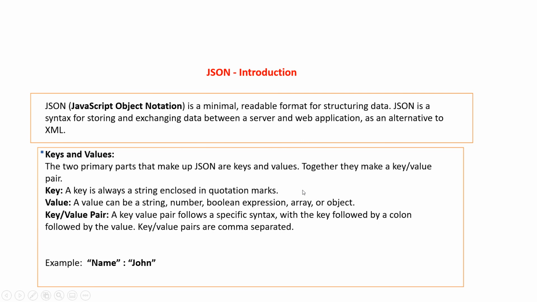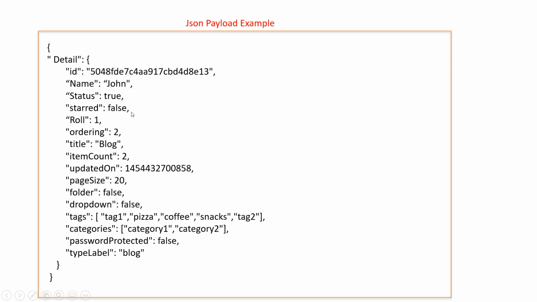Next, this one is a big payload which contains all kinds of data. Detail is a JSON object which contains ID, which is a string data type, name, also a string data type, status, a boolean data type, started, again a boolean data type, and role, an integer data type.